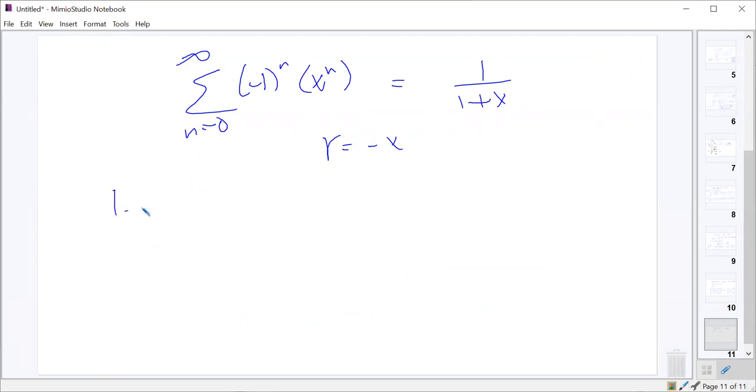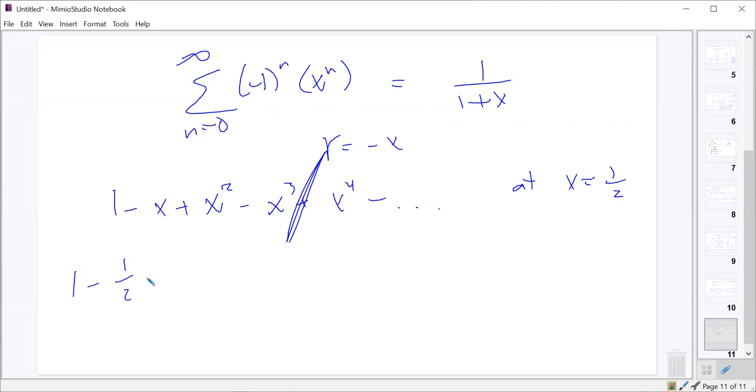The series looks like 1 minus x plus x squared minus x cubed plus x to the 4th, and so on. Let's suppose we were trying to approximate that at x equals 1/2, and we truncated it after 3 terms.